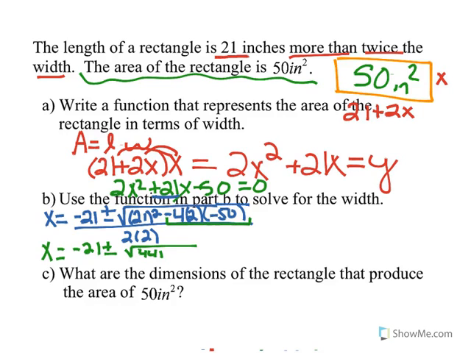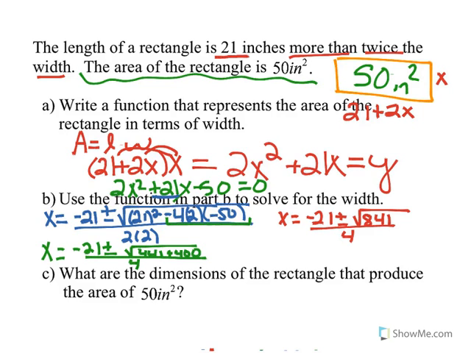And a negative times a negative is a positive 400. All over 2 times 2, which is 4. So let's continue. We now have x is equal to negative 21 plus or minus the square root of, we're going to add the 441 and the 400, which is 841, all over 4.